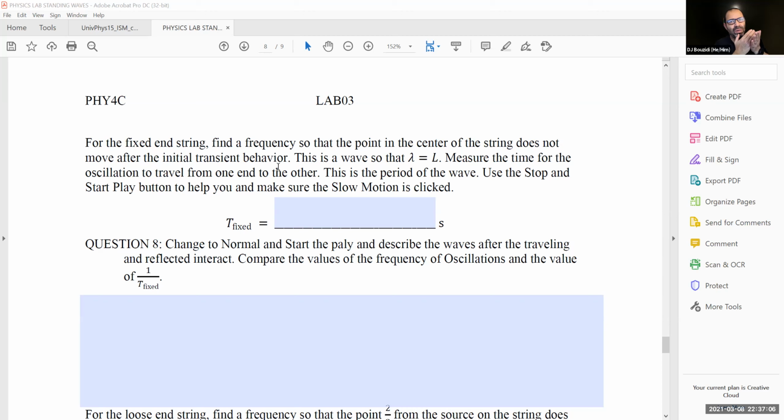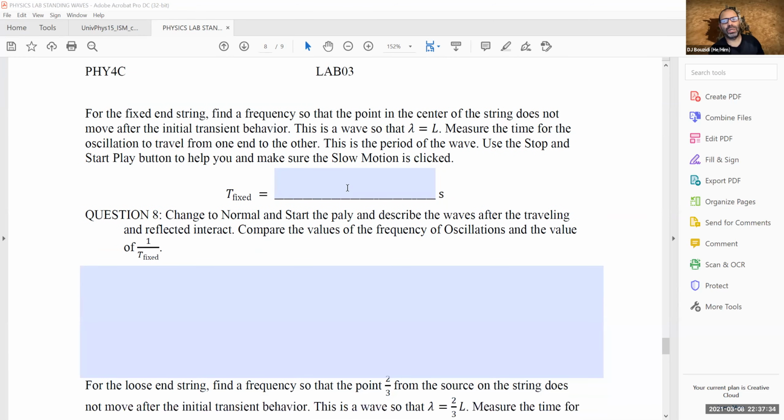Compare that value of the frequency to this measured time that you measured with the timer. Are they equal? Is the frequency equal to 1 over t fixed? If there is a difference, explain the difference, where it's coming from, okay? Maybe the error in the measurements, maybe because you actually could not find exactly that middle point that is stationary all the time, and that is typical, okay?